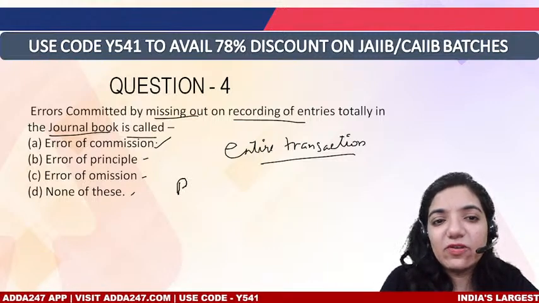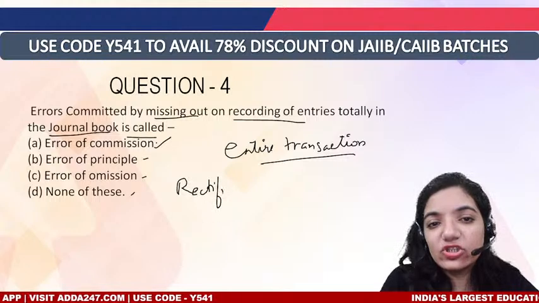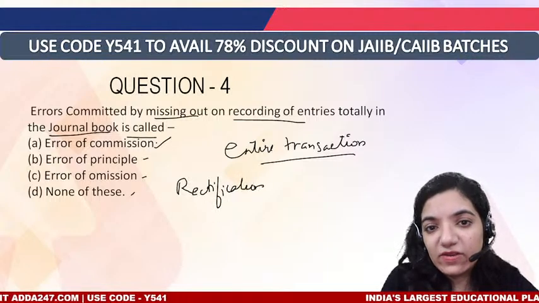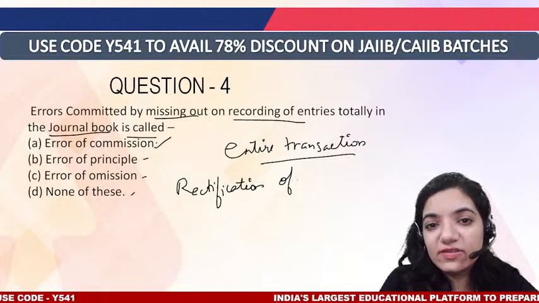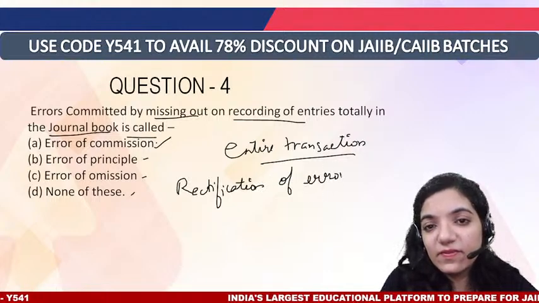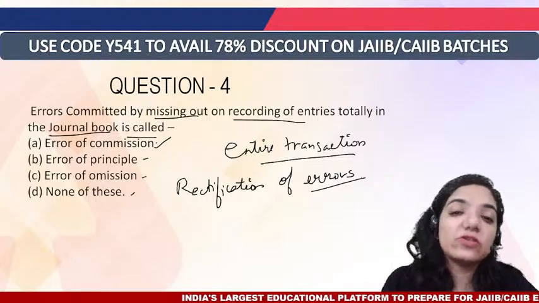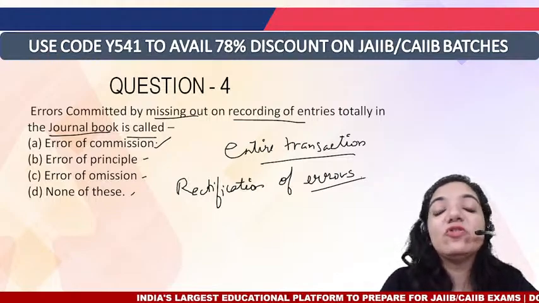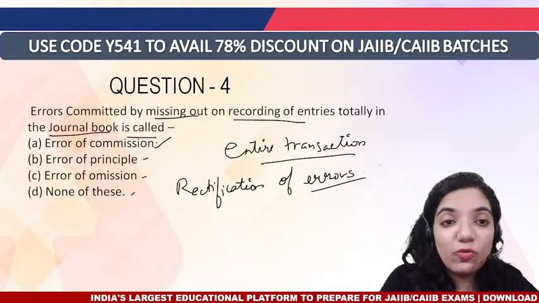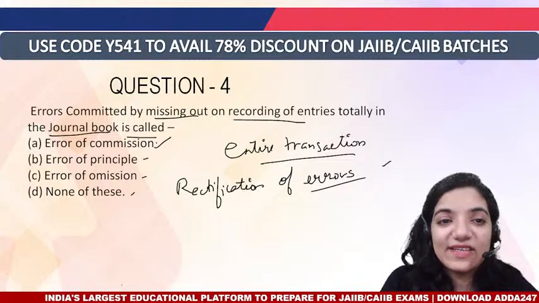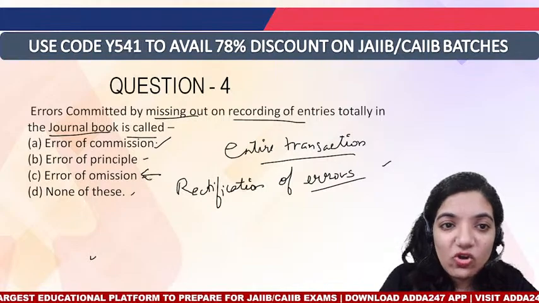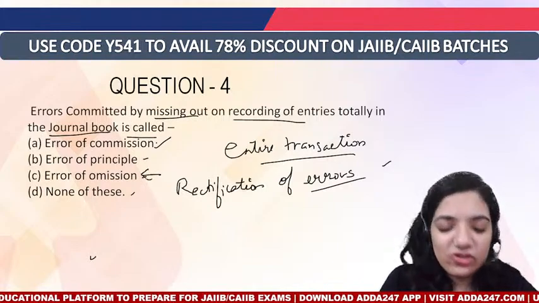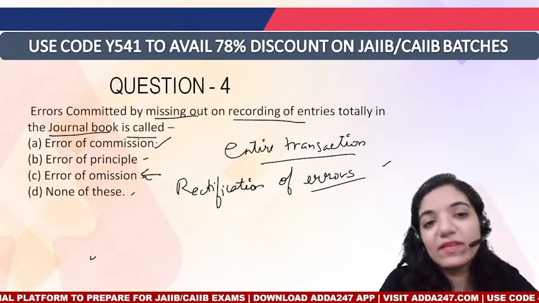When we talk about the rectification of errors, if a particular transaction is completely not recorded, that means it is omitted from the books of accounts. So the entire transaction is not recorded. Will this cause trouble in the trial balance? What do you think?